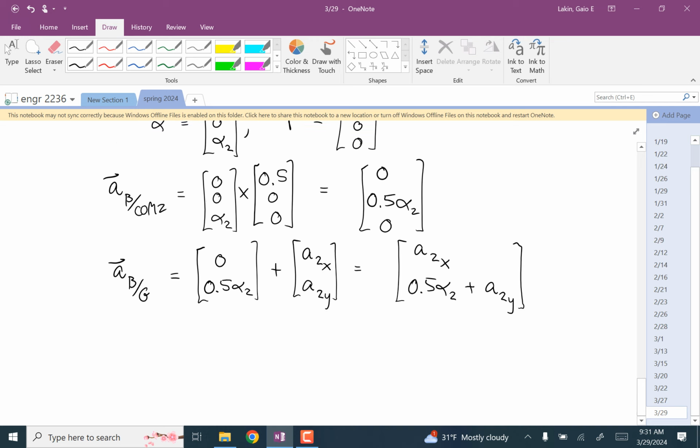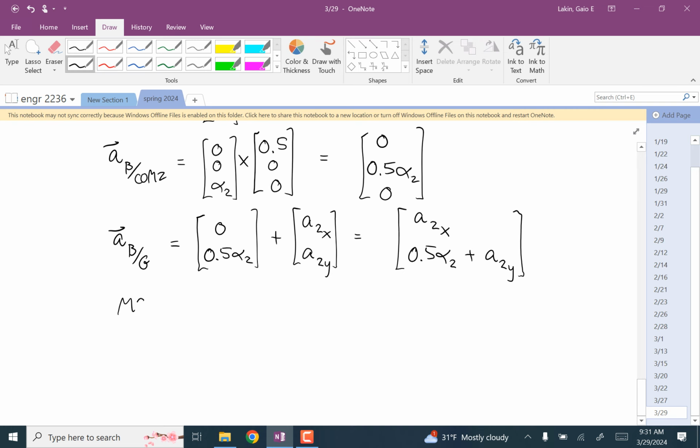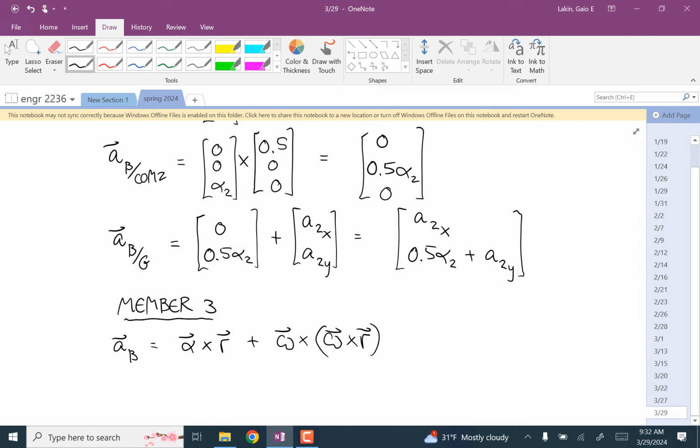Okay, and then I guess the easier one is according to member 3. This one we don't have to use relative motion because there's a fixed point. We just have to use circular motion. So the acceleration of B is just the watermelon equation. It should be the same. Yeah, right, except it's a different alpha.